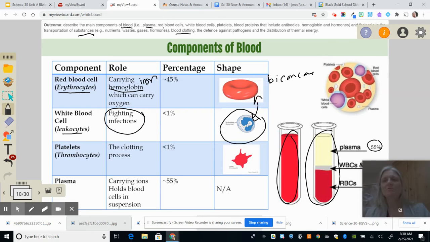White blood cells tend to be much larger than the red blood cells in the pictures you've seen. And then platelets are all jaggedy shaped pieces of cells, thrombocytes. And then the plasma holds all the ions and the blood in suspension, and any other nutrients or chemicals that you're carrying along in your blood.